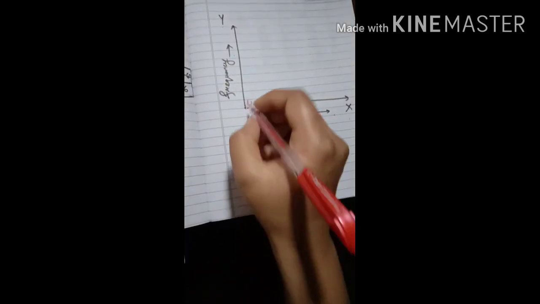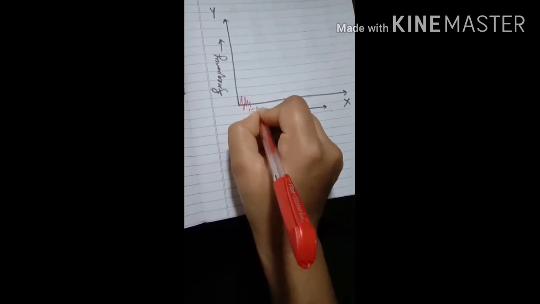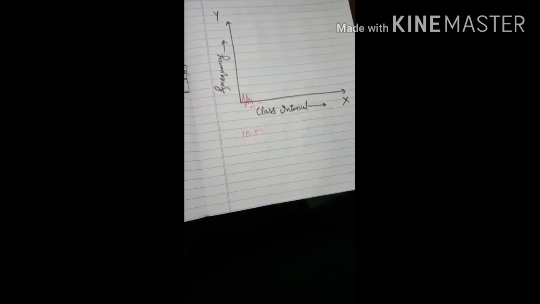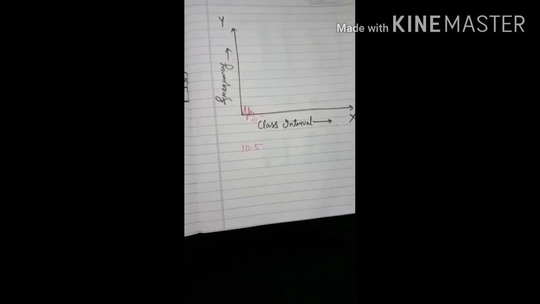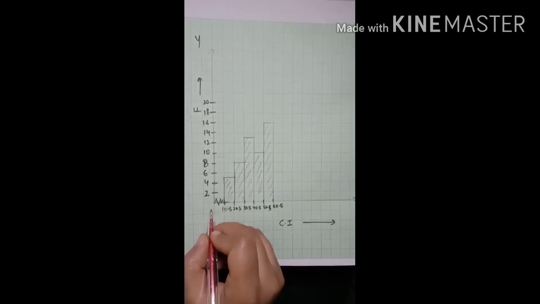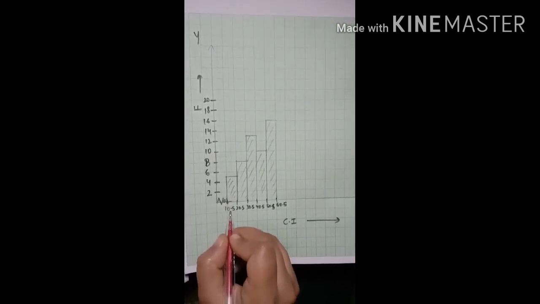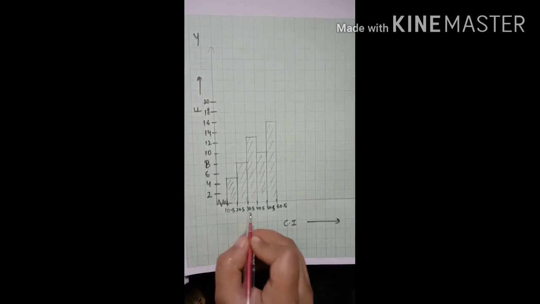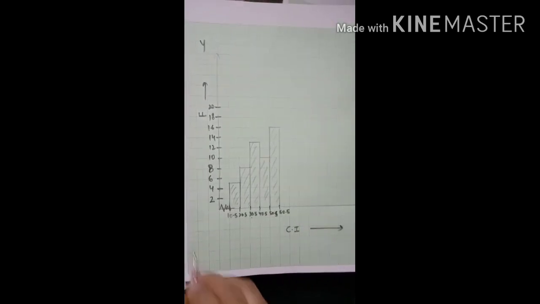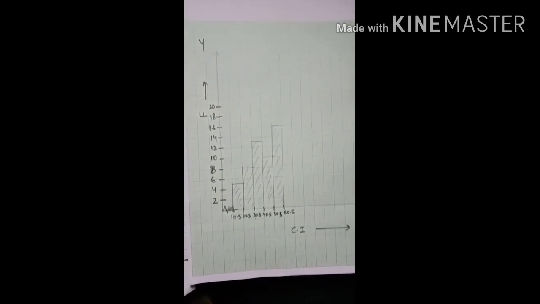So we draw this line and then mark it as 10.5. Let me show it in the graph. Here's the graph. The graph does not start from 0, so I draw this and then mark 10.5, 20.5, 30.5, 40.5 and so on up to 60.5 as our question demands.